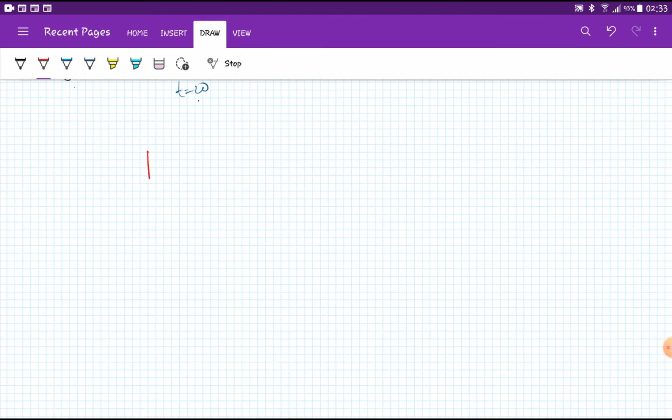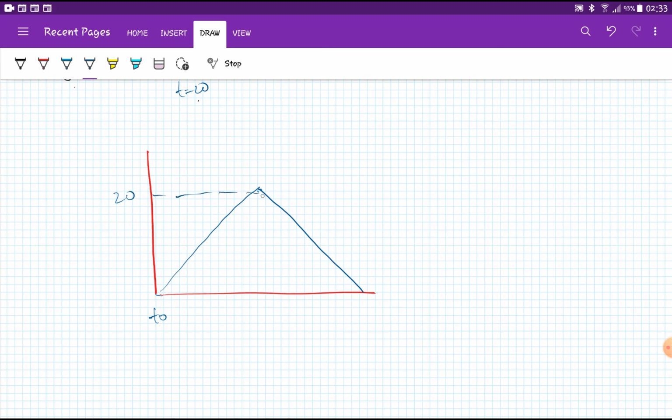If a graph is given like this, a body is going in acceleration, after that it is going into retardation. The parameters are given as t is equal to 0, the maximum t is 20 here. Till 5 seconds it is accelerating, after that 5 to 15 it is retarding.